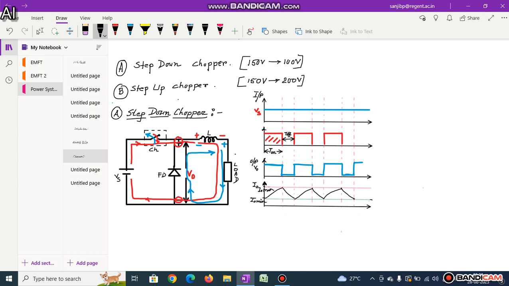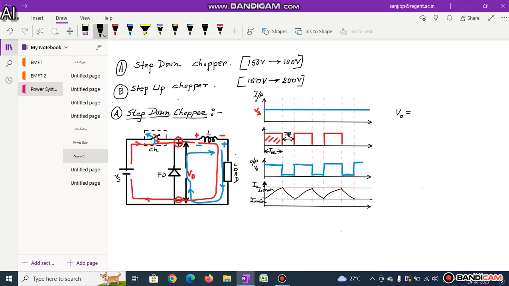Next important thing I will discuss is the duty ratio alpha. Suppose the output voltage V0 equals how much? V0 will be there when the switch is on.